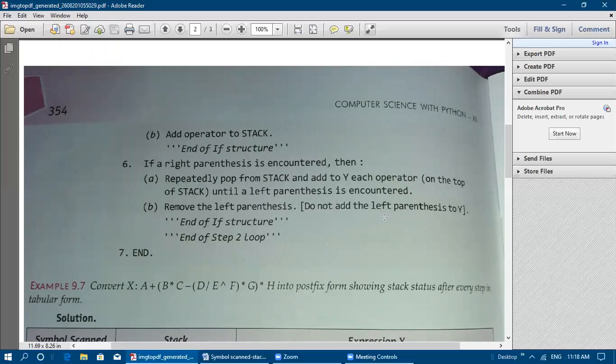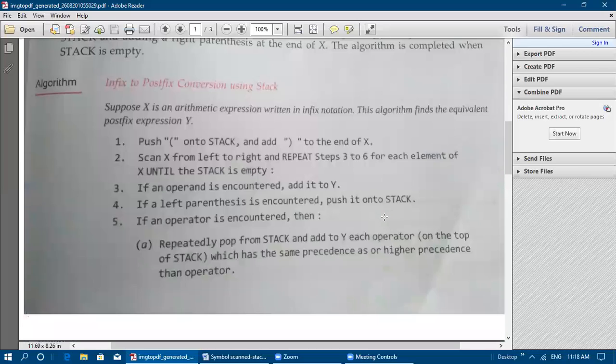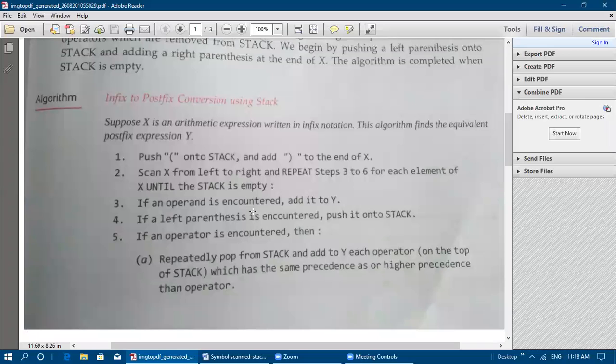Okay. Next, we need to check whether a right parenthesis is encountered. So what are the things you need to remember here? If an operand is encountered, add it to Y, because in postfix notation we write operands first. Left parenthesis, insert to stack.